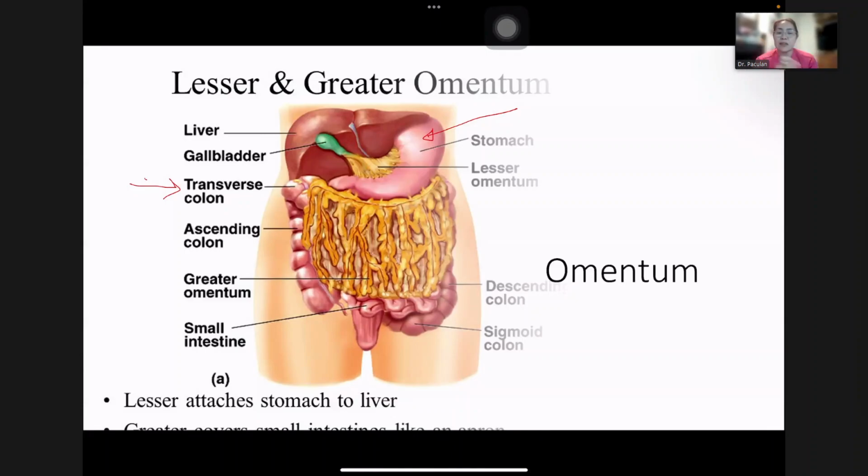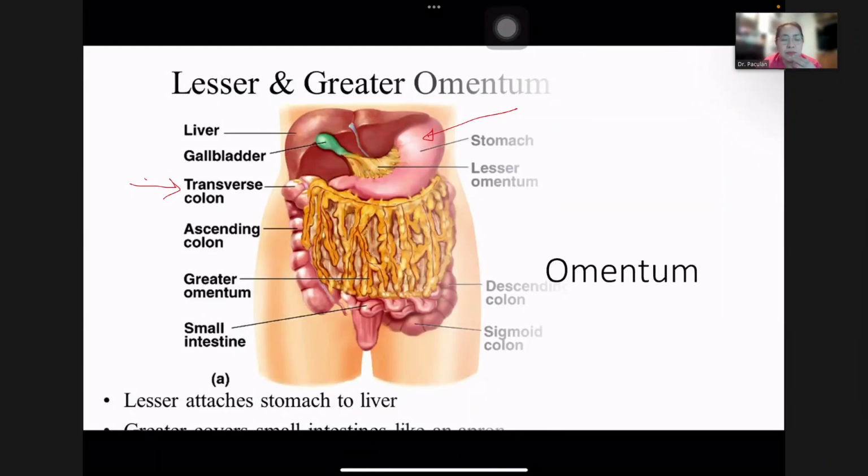So it hangs down like an apron from the greater curvature of the stomach and the proximal part of the duodenum. And then after descending, it folds back and attaches to the anterior surface of your transverse colon and its mesentery. So sa stomach muna siya, goes down and folds back up to your transverse colon.